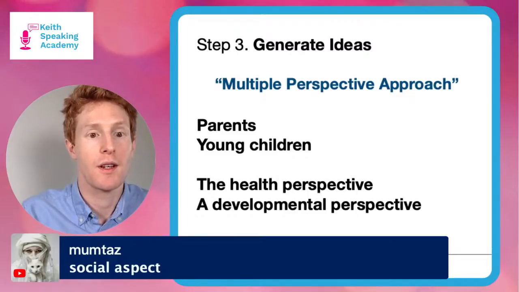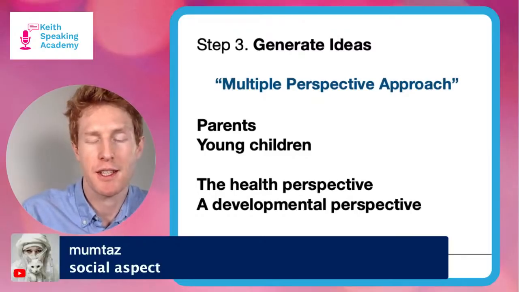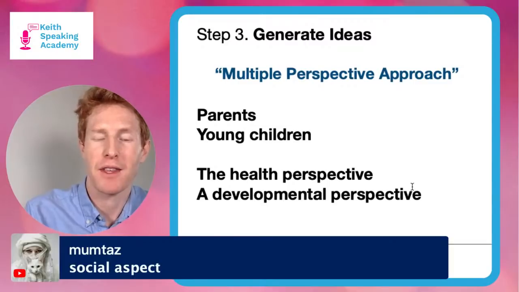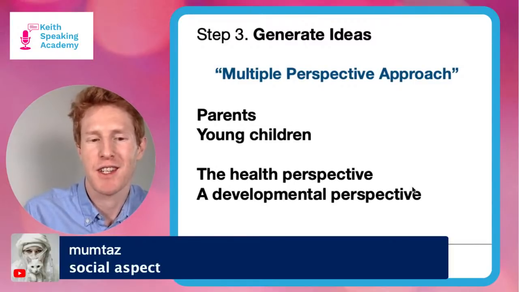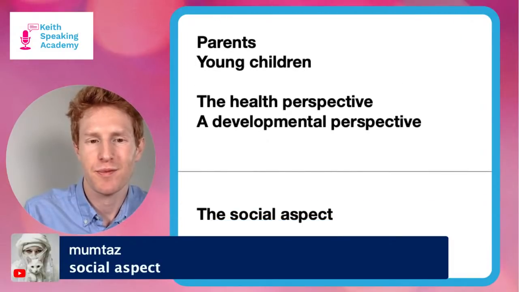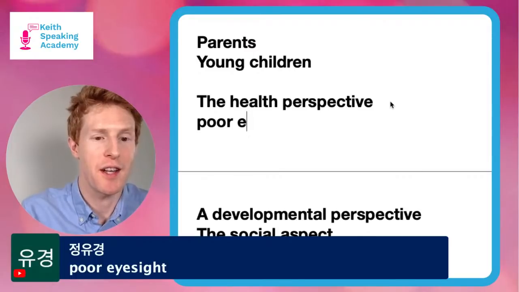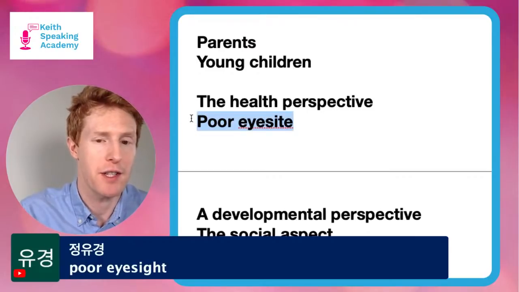Yeah, with the social aspect, both the positive and the negative, because we talked about how it can be quite social to play computer games and quite bonding, but at the same time, it's often quite a lonely activity, and so you lose the social aspect when you're playing games. Good. We've got poor eyesight. Yeah, and so that would be a great idea under the health perspective, for example, and that's something that parents would worry about for their children.